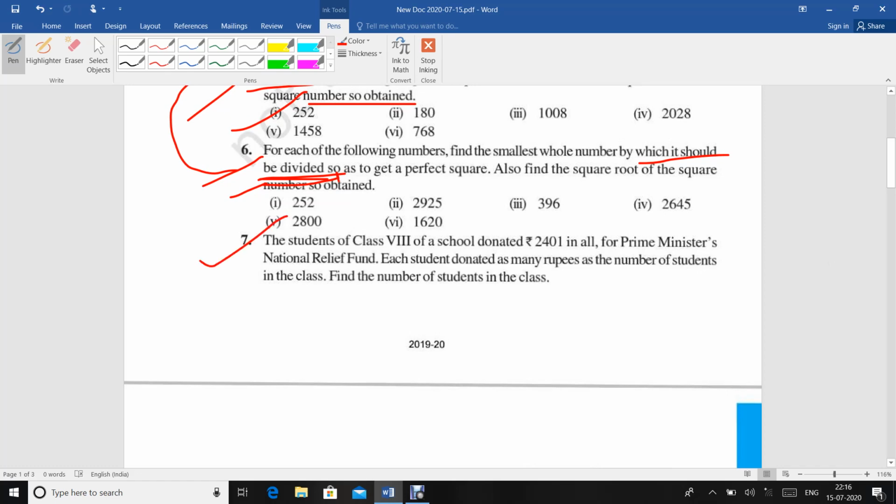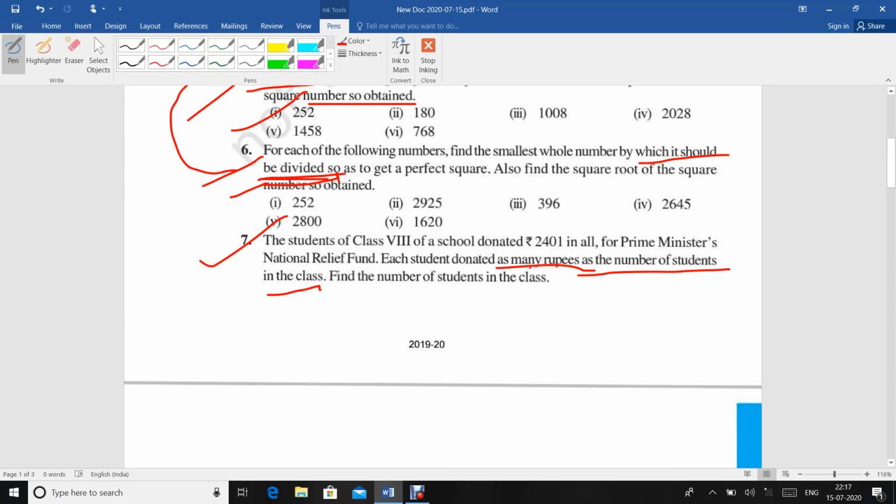Question number 7 is: the students of class 8th of a school donated rupees 2401 in all for the Prime Minister's National Relief Fund. Each student donated as many rupees as the number of students in the class.